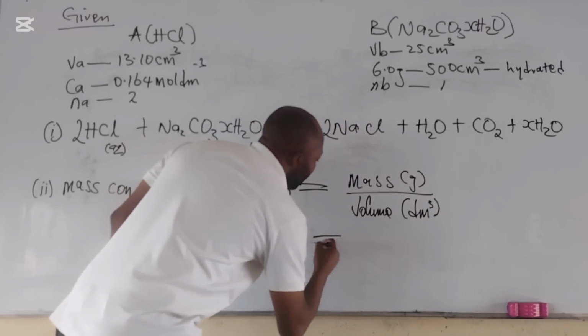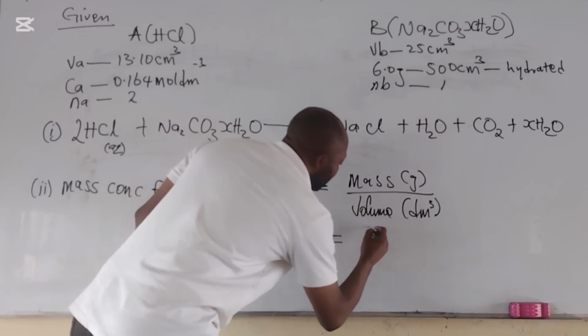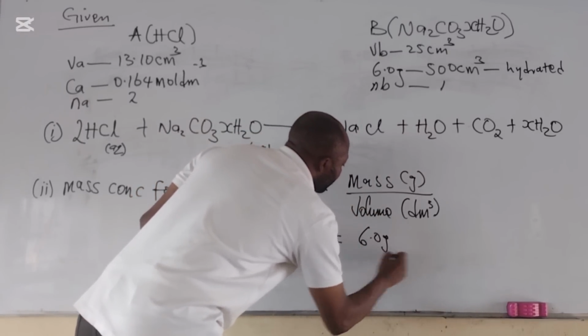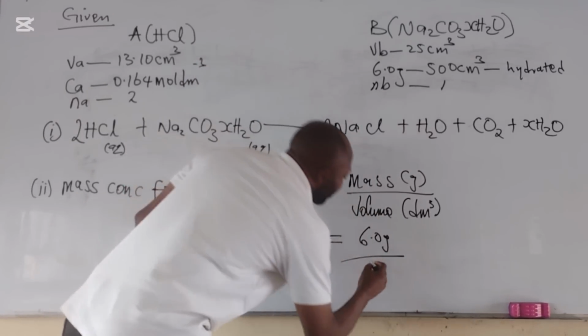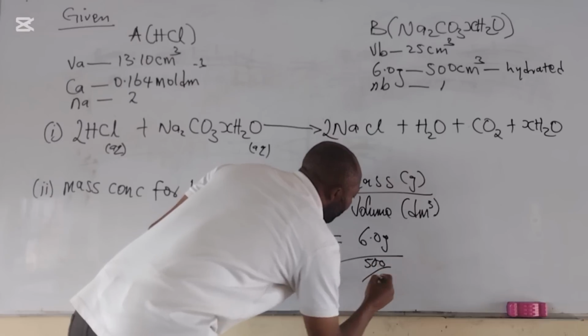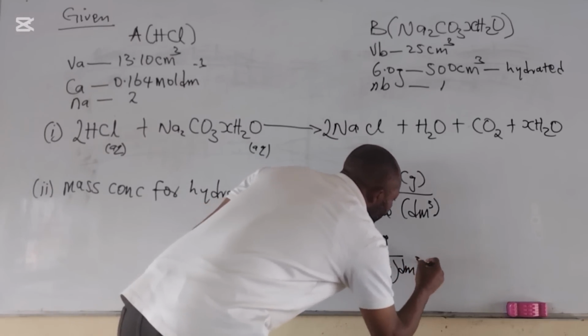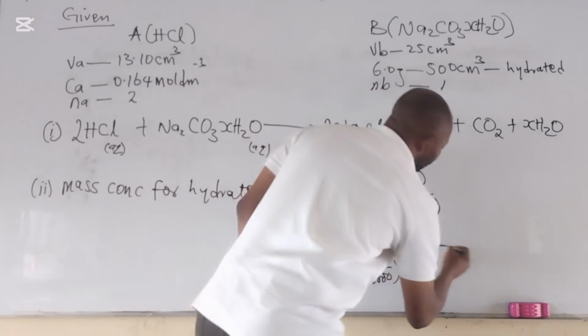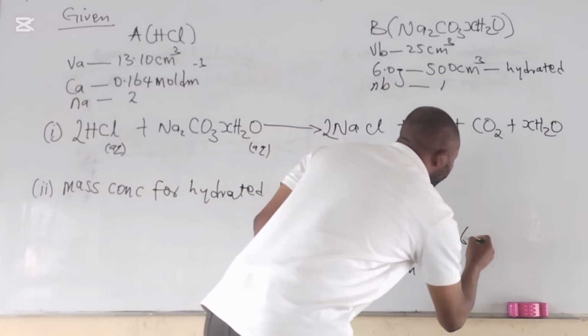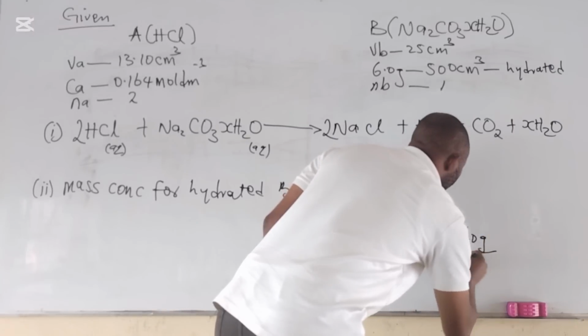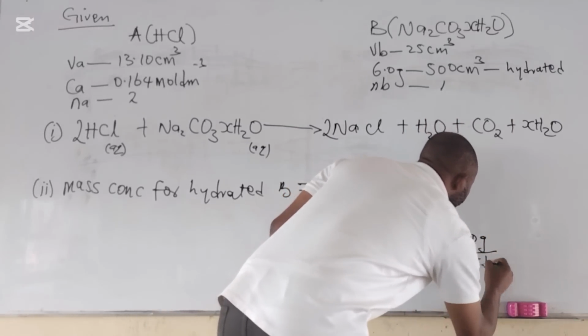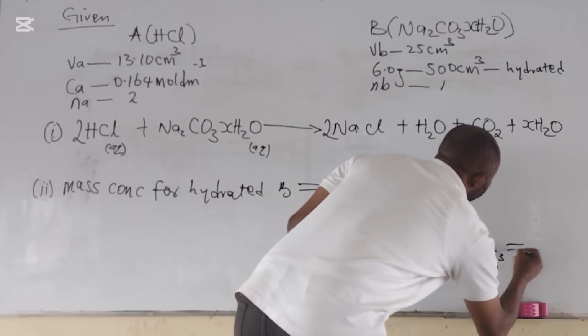The mass is given to be 6.0 gram and the volume is 500 over 1000, we are converting to dm3. And this is 6.0 gram over 0.5 dm3.